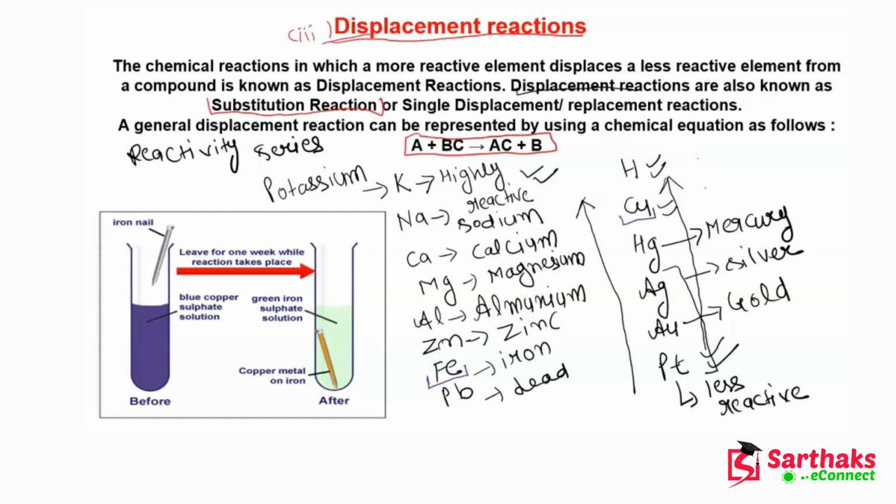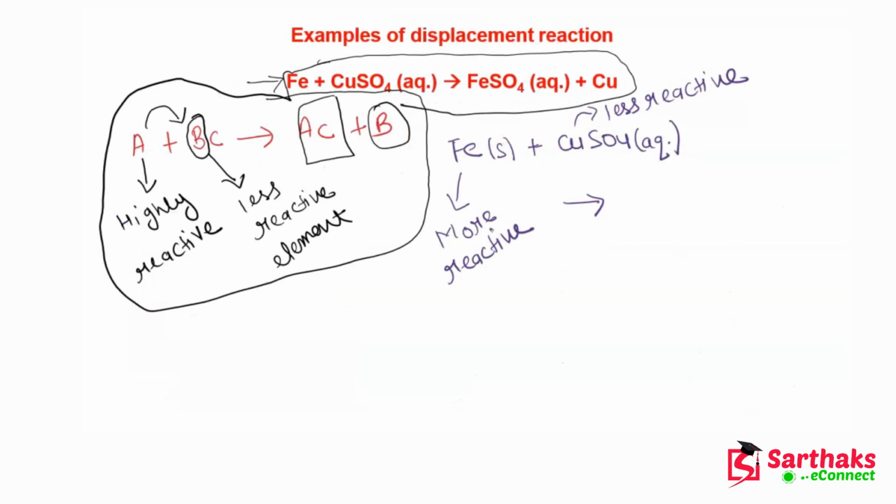So it will displace this copper, and what we will get? We will get FeSO4 solution. For solution I write aq, plus copper in its pure form because it displaces the copper. So this is an example of a displacement reaction. I hope guys this thing is clear to you.